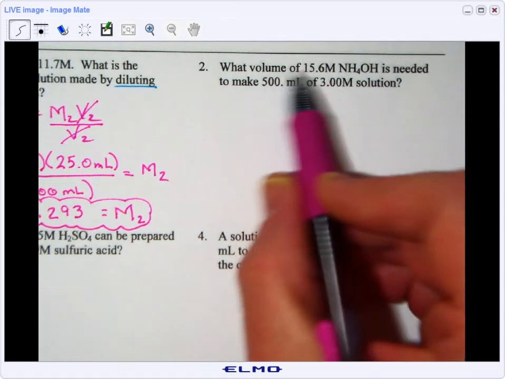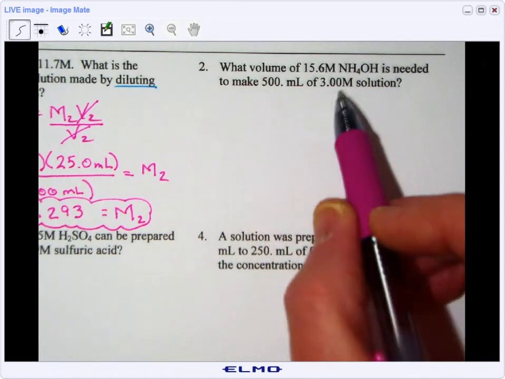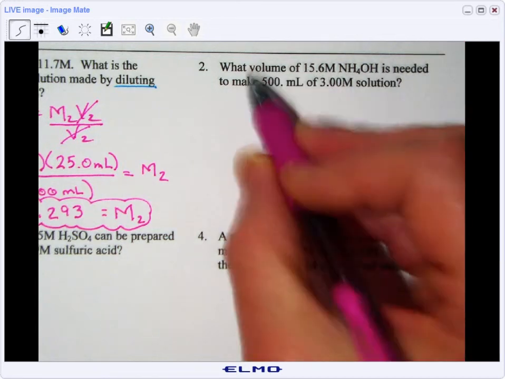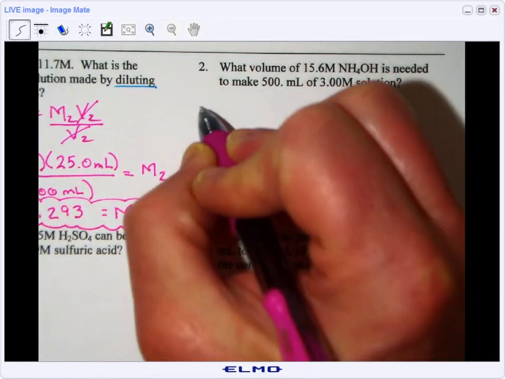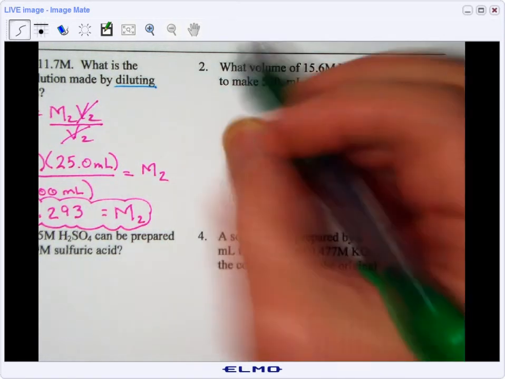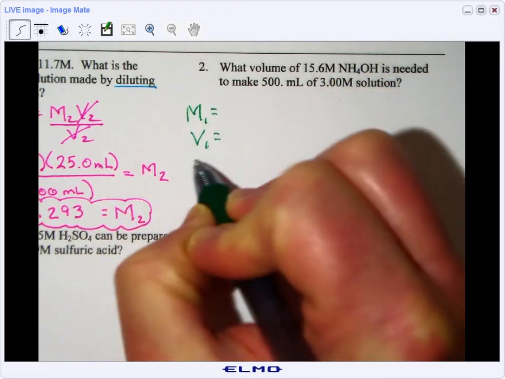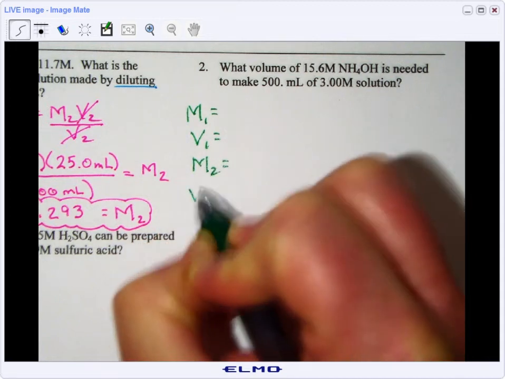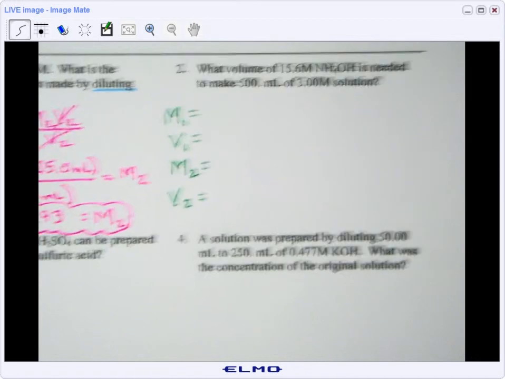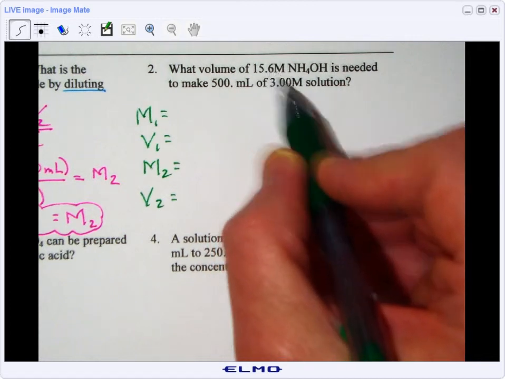What volume of 15.6 molar ammonium hydroxide is needed to make 500 milliliters of a 3 molar solution? So I know I'm making a solution. I'm understanding that I have my 4 variables that I need to recognize: M1, V1, M2, V2. So I want to pull those out. So I see both of these molarities, right?